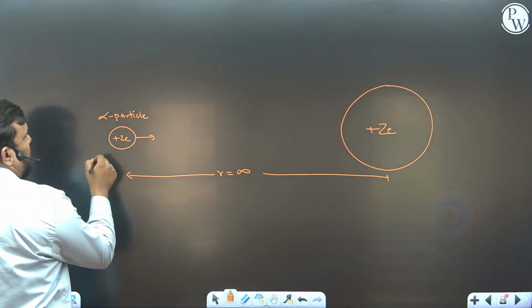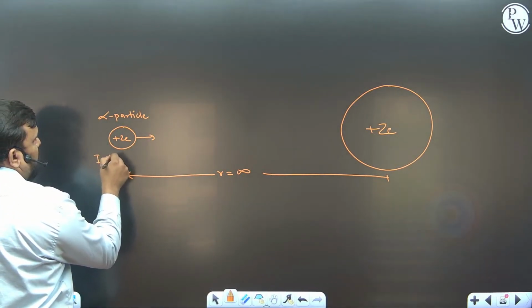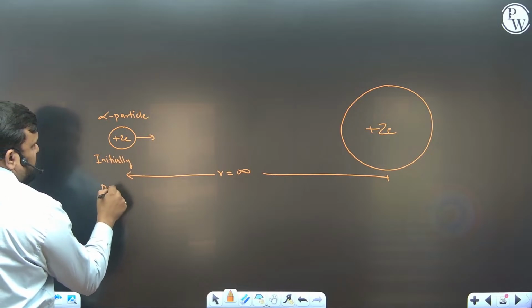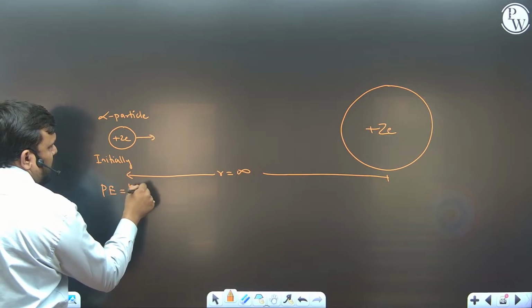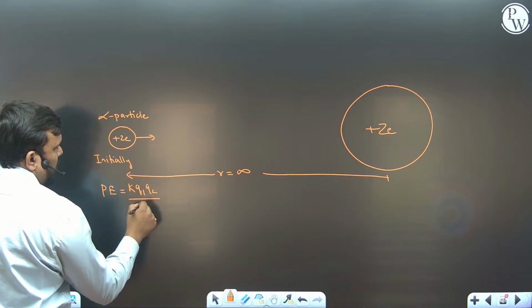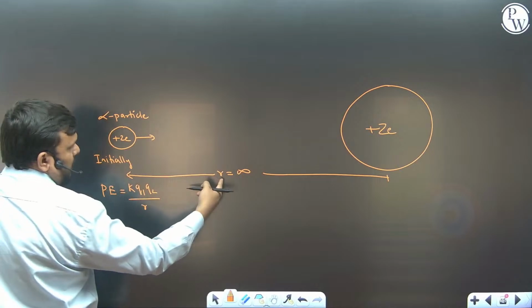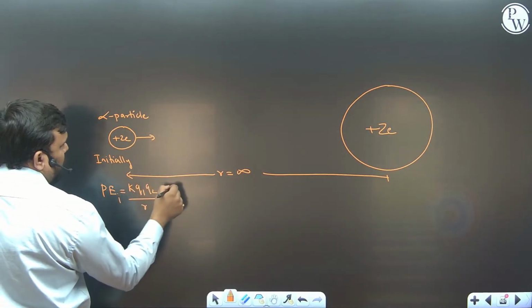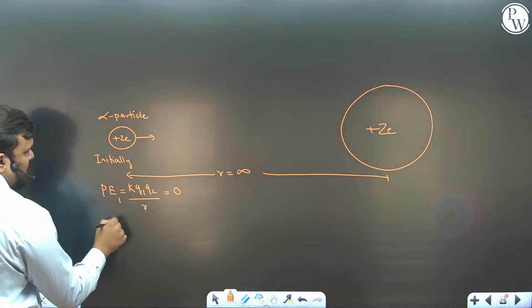Alpha particle initially will have potential energy K Q1 Q2 upon R, and the R value is infinite, so the potential energy initially will be equal to 0. It will have an initial kinetic energy.